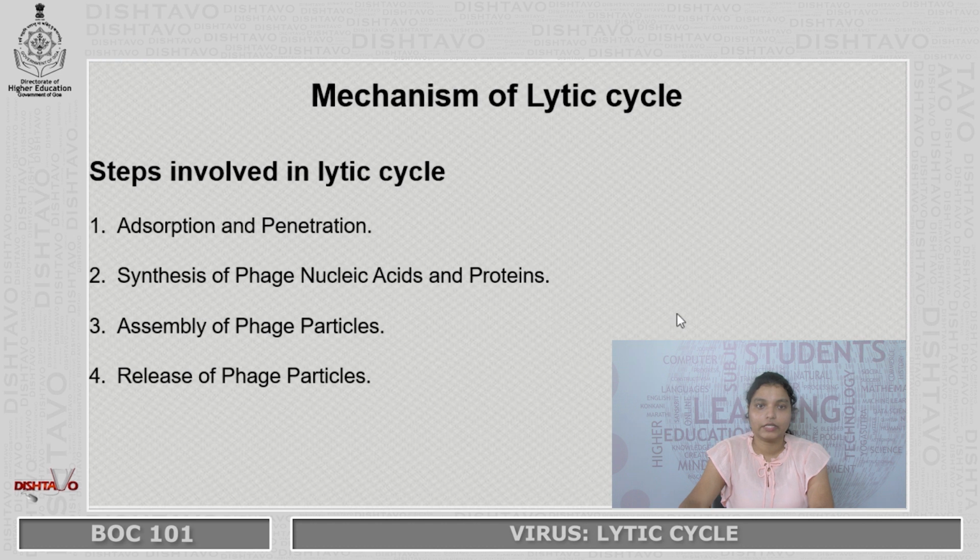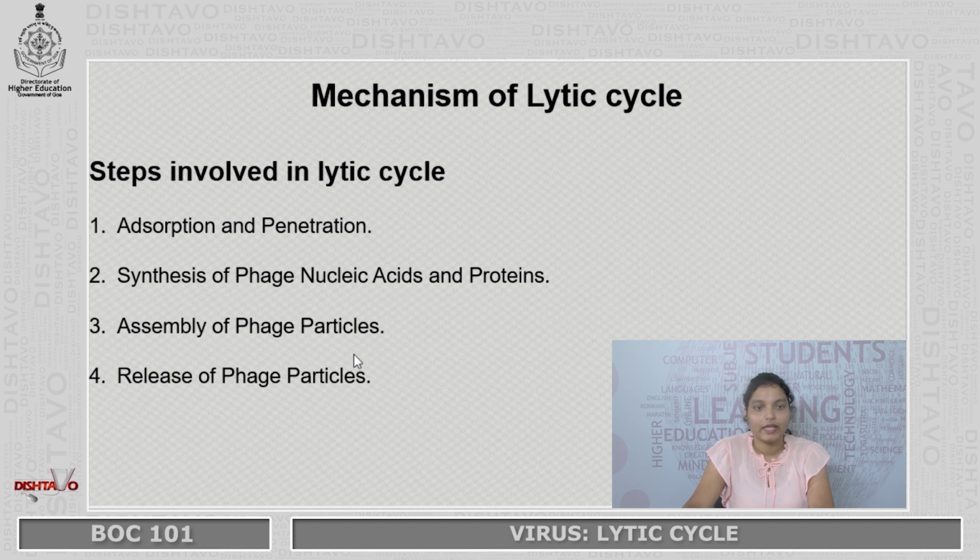Now coming to the next part, that is the mechanism of Lytic cycle. When we talk about mechanism, it involves a few steps. We have around 4 steps that play a role in the completion of the Lytic cycle. The first one is adsorption and penetration. Second is synthesis of phage nucleic acid and proteins.